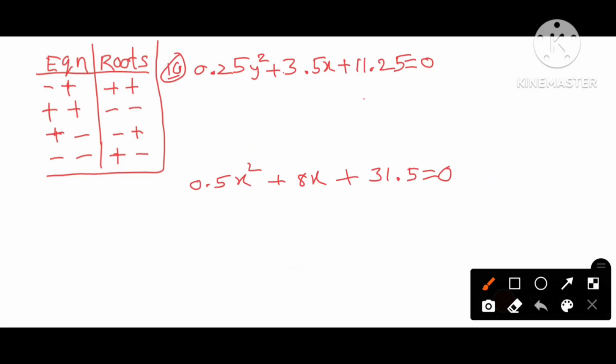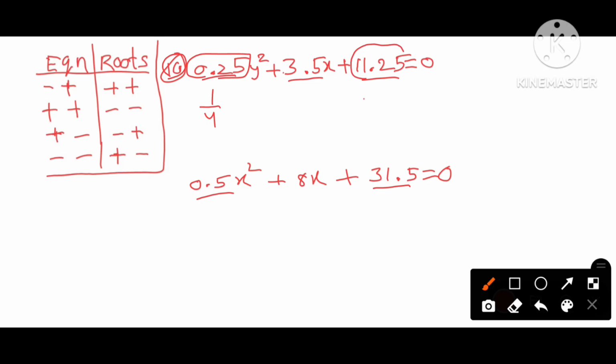Now we are going to see question number 10. Here in question number 10 we see decimals. First we need to eliminate these decimals by converting them into fractions. 0.25 means it is 1/4 of the value. 1/4 value is nothing but 0.25. So instead of 0.25 we can write 1/4.